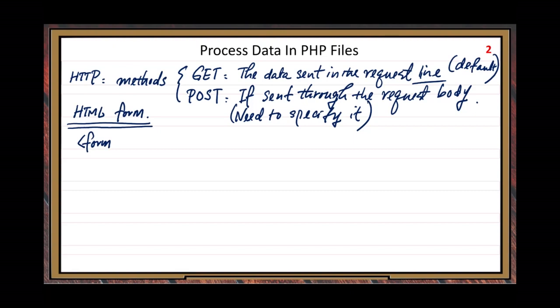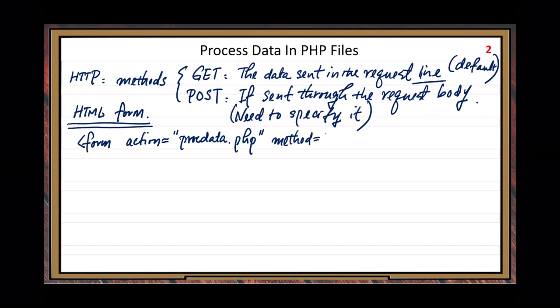Then there is an action attribute, where you specify the data processing program to process your data, the server-side file you want to send to. For example, here I just call it process data PHP, because I want to send my data to this program to process the data. Then there is a method attribute.